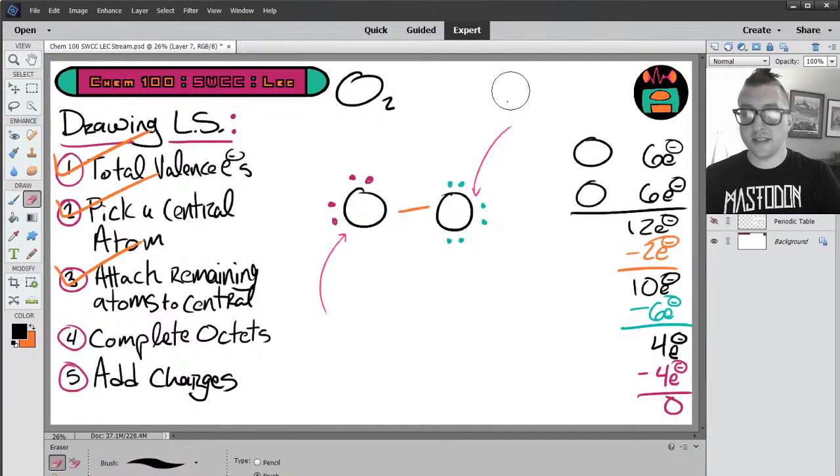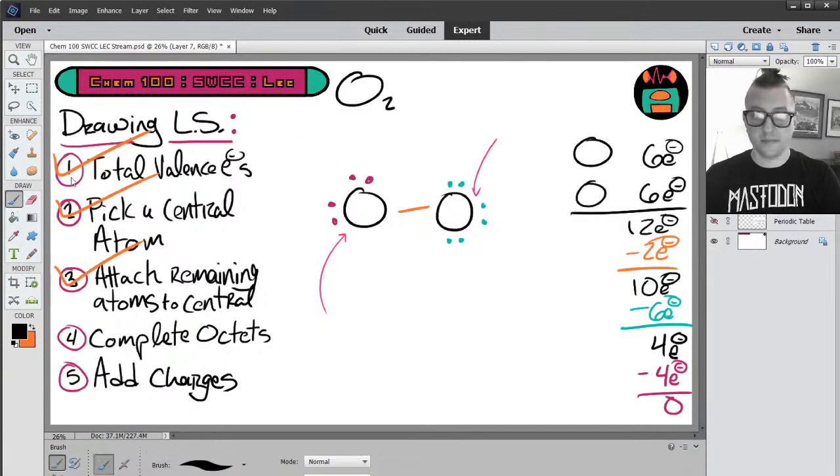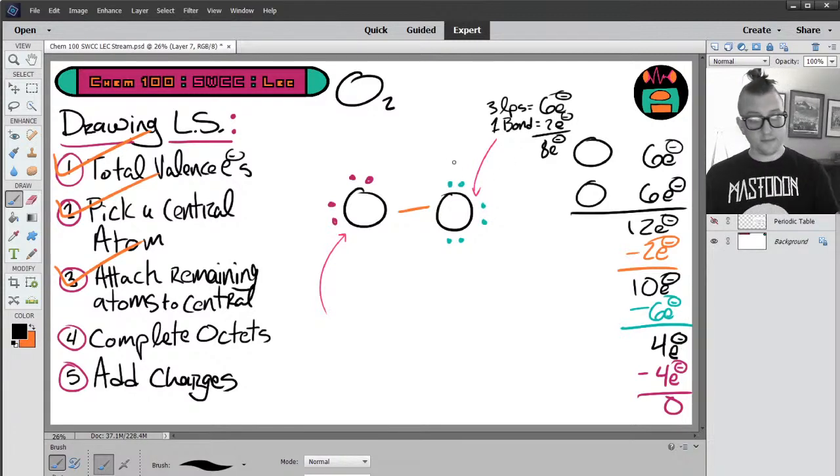I need a little more space. 3 lone pairs, so that's 6. 1 bond, so that's 2. So this oxygen has 8. Full octet.